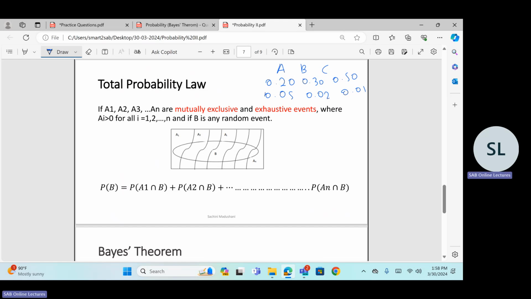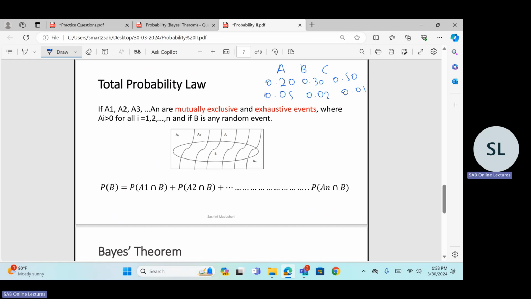For example, 0.2 plus 0.3 plus 0.5. What is the answer? It means these three events are collectively exhaustive. Understood?